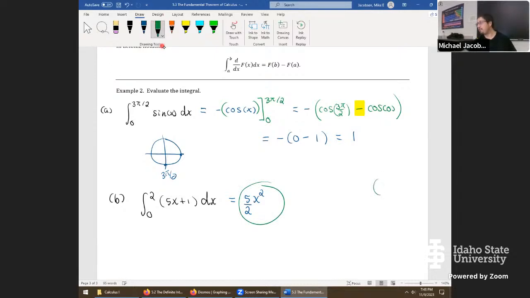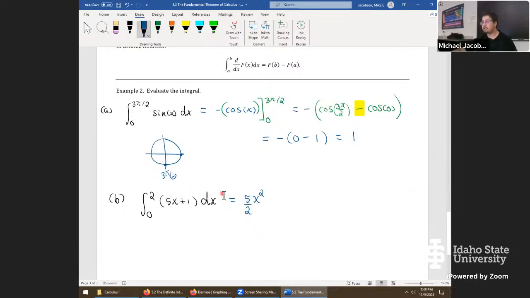If you were to differentiate 5 halves x squared, you would get 5 halves times 2 times x power 1, and it would turn into 5x after simplifying, which tells us we do have the right antiderivative. So double check your answers as you go, and that's a really great way to make sure you're accurate at each step. Then let's go off to the next one.